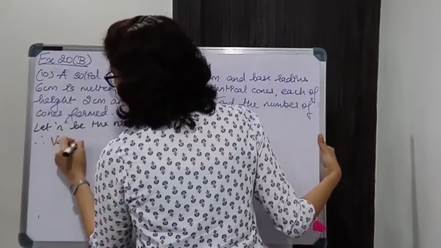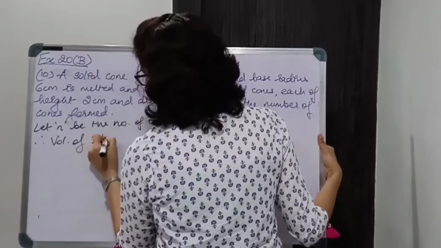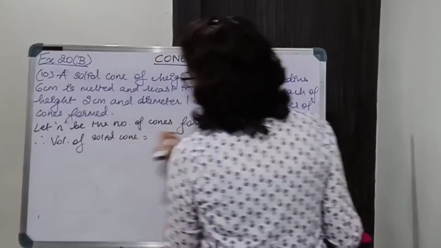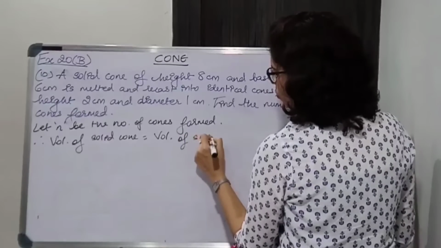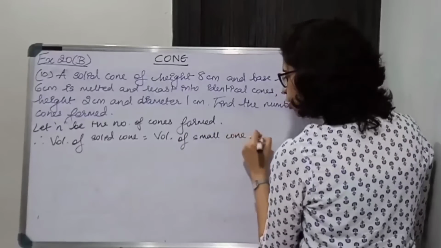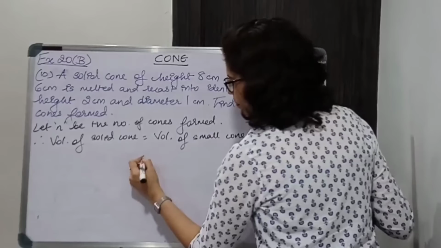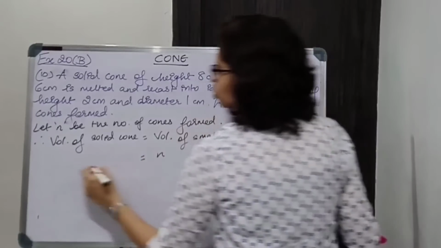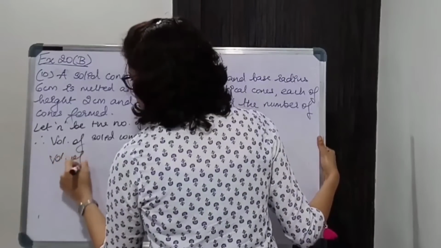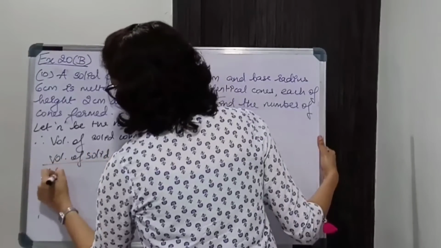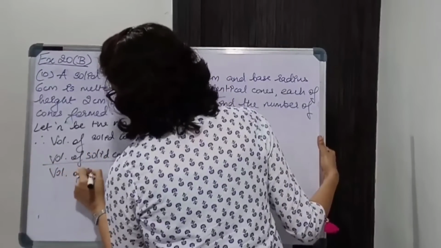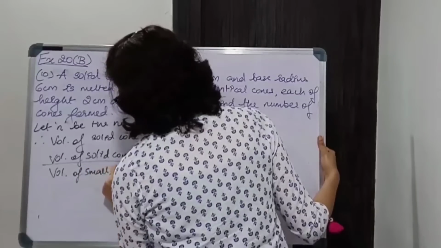Therefore the volume of the solid cone is equal to the volume of the small cone into the number of cones. So n is equal to the volume of the solid cone upon the volume of the small cone.